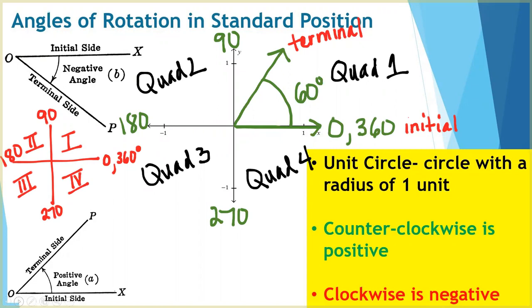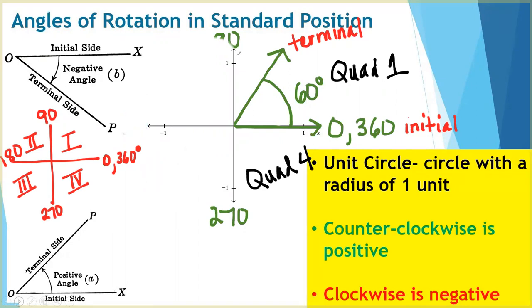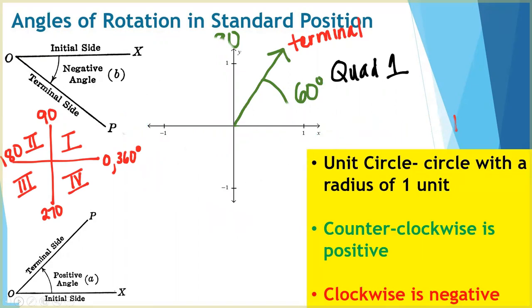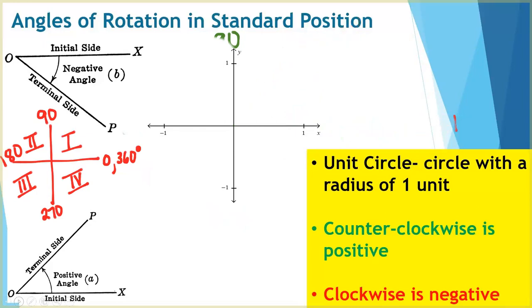So in your notes, sketch a 250-degree angle. If you're asked to sketch a 250-degree angle, which quadrant would that fall in? Positive or negative?